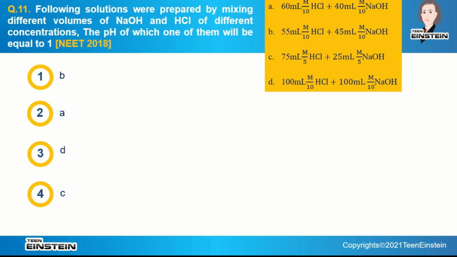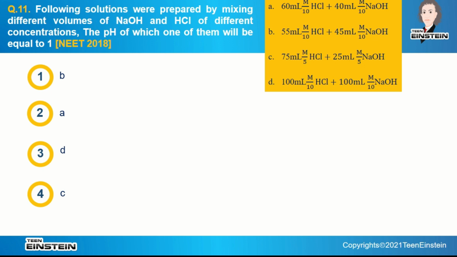Let's see the next question. Some solutions were prepared by mixing different volumes of sodium hydroxide and hydrochloric acid of different concentrations. The pH of which one of them will be equal to 1? Depending on the concentration, the resulting solution may be acid or base.